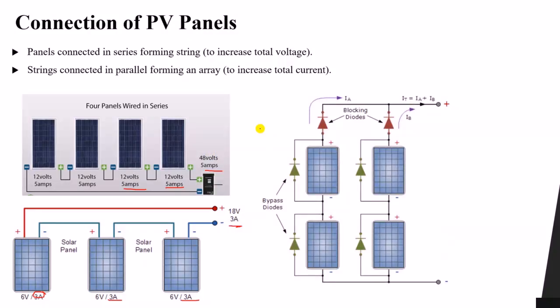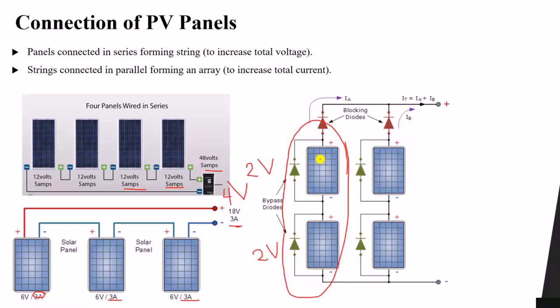Now when we connect them in parallel, here we have, for example, a string of 4 panels or 3 panels or any number of panels, and you can see they are in series. So if this one is 2 volt and this one is 2 volt, then the total voltage is 4 volt. So we have one string.